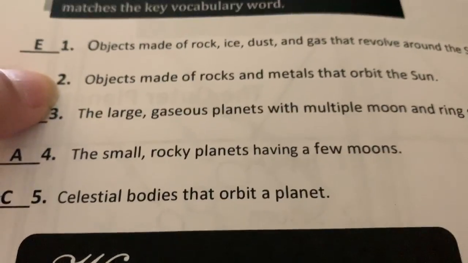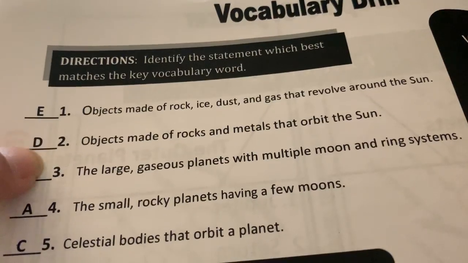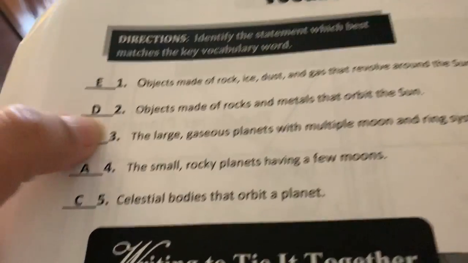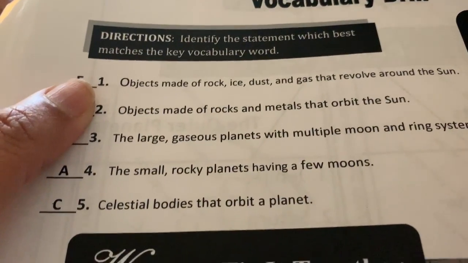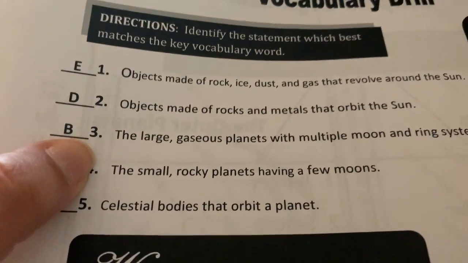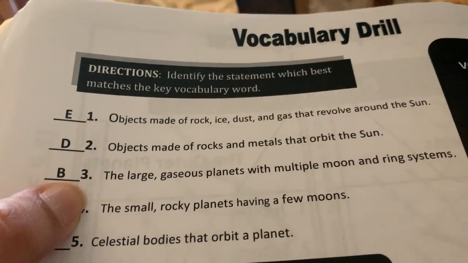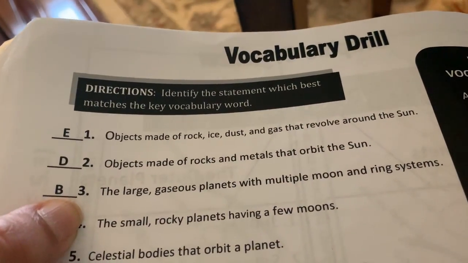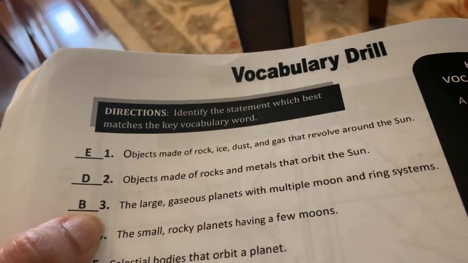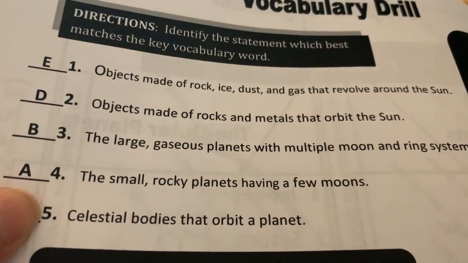Number 2, objects made of rocks and metals that orbit the sun, and that would be asteroids. For 3, the large gaseous planets with multiple moons and ring systems, and that would be outer planets.